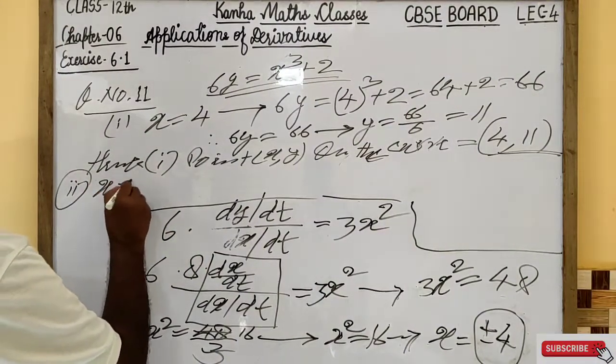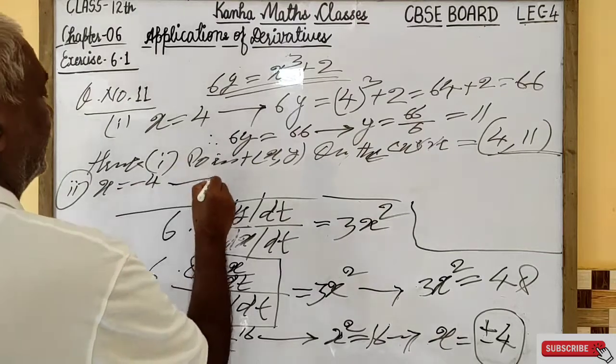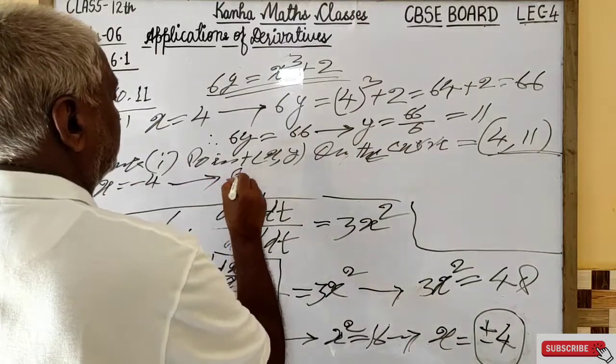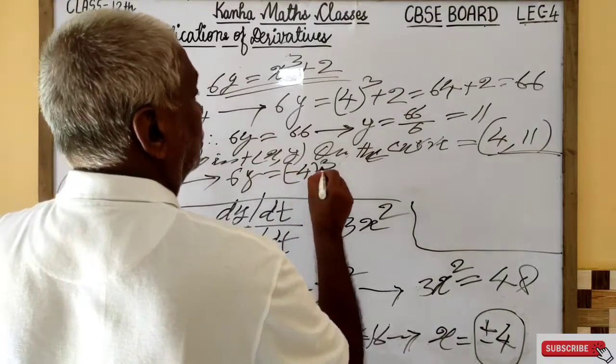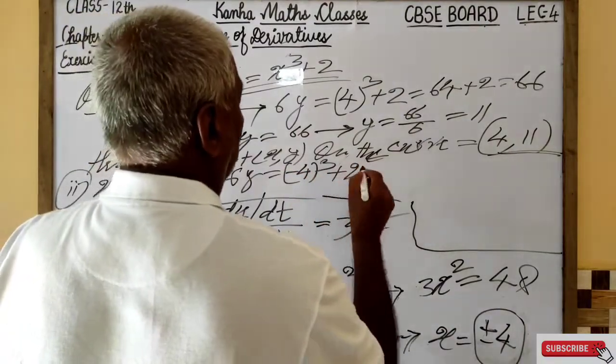And if x is equal to minus 4, then it will be 6y is equal to minus 4 whole cube plus 2.